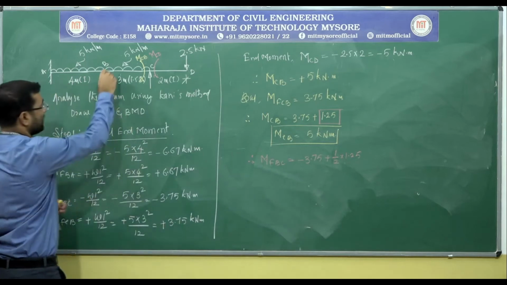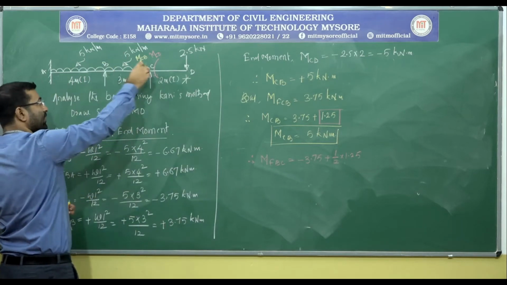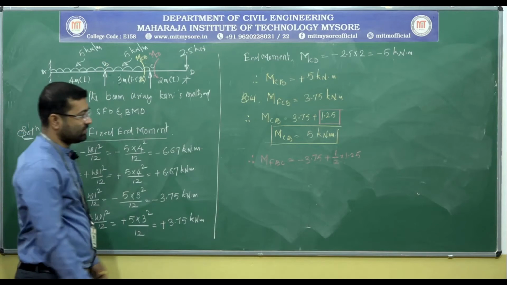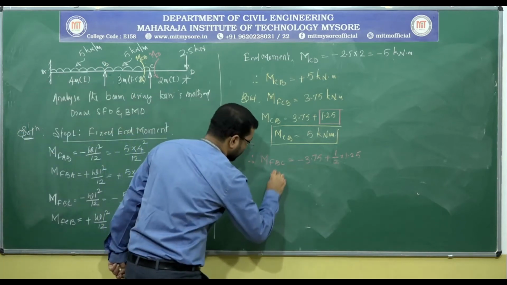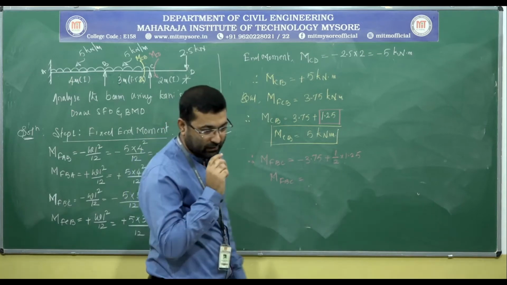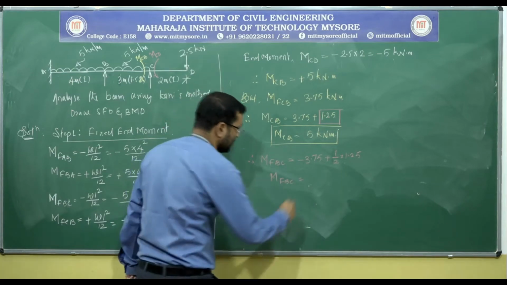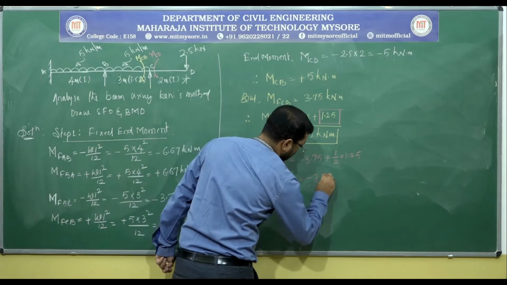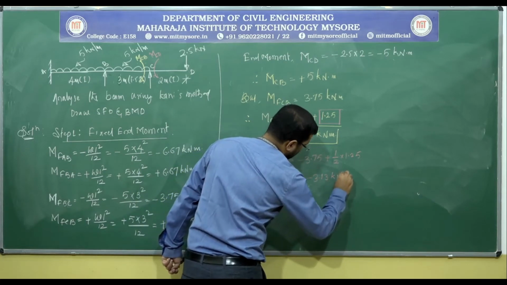So on this fixed end moment, we are adding half of this additional moment. That gives you MFBC as minus 3.13 kilonewton meter.